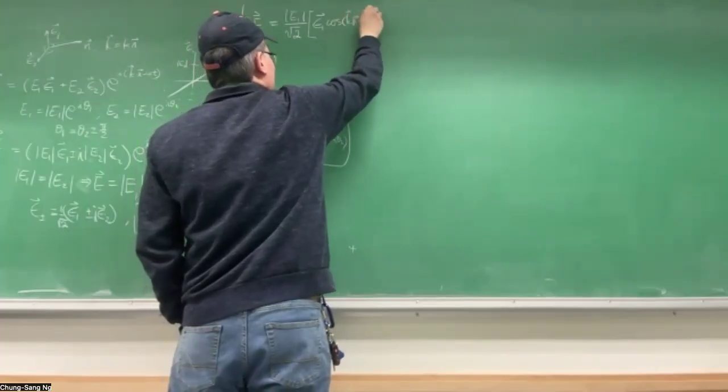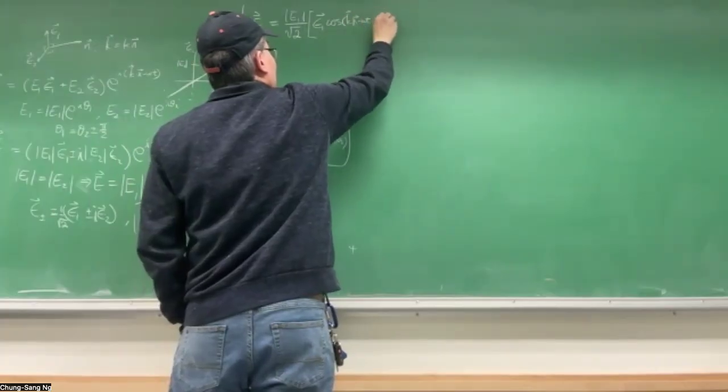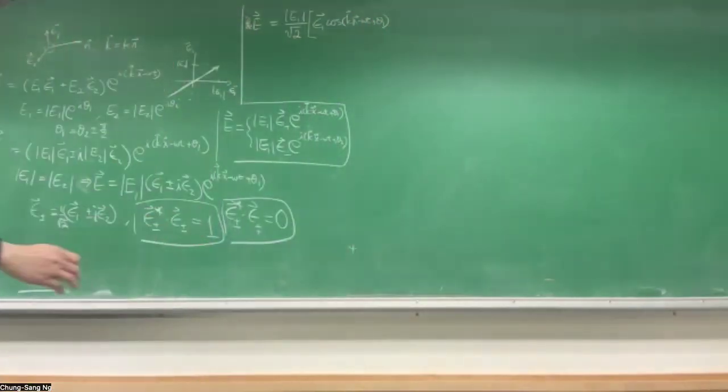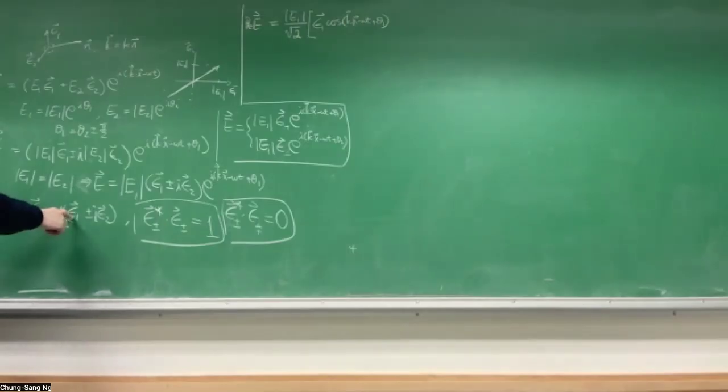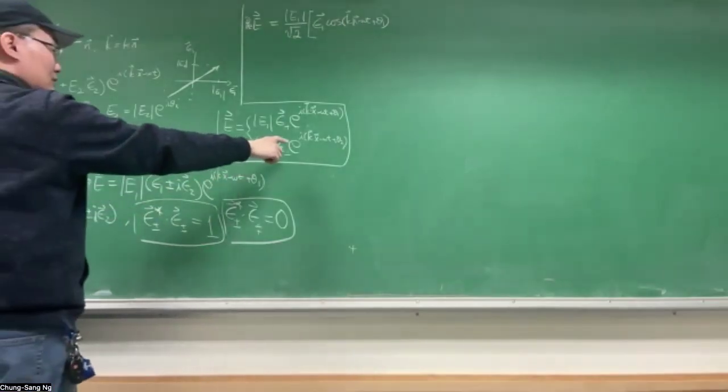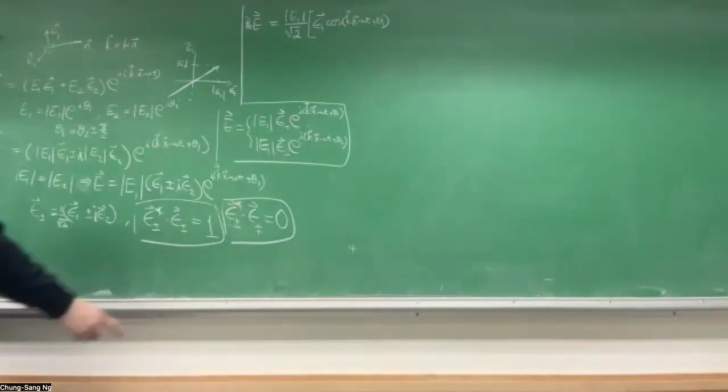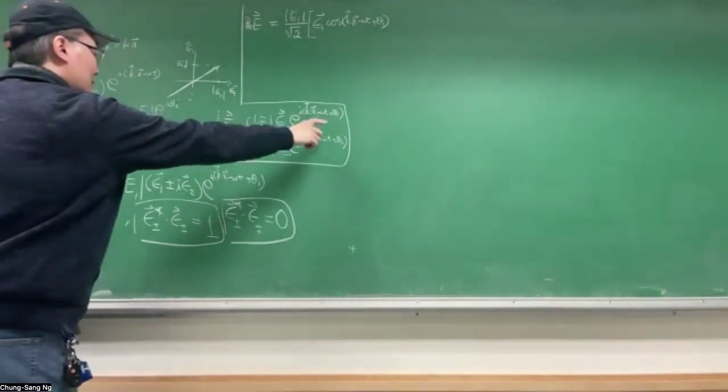Let's just keep it general for now. Later on, we'll choose some special value to look at it. And so that would obviously be real. Then you have this i, which is purely imaginary, and you need to multiply by the imaginary part of this exponential function, which is i times sine of this one.